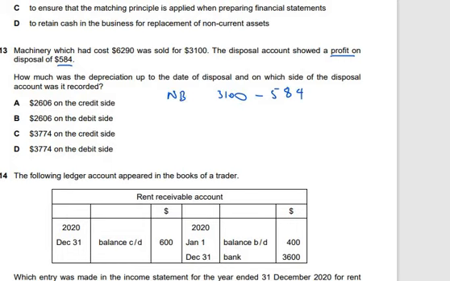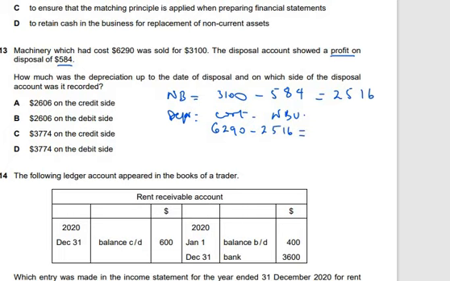So the net book value of this asset, if it was sold for 3,100 at a profit of 584, is supposed to be 2,516. Now, to calculate the depreciation, we take the cost minus the net book value, because the cost minus depreciation normally gives you the net book value. So the cost is 6,290 minus 2,516.